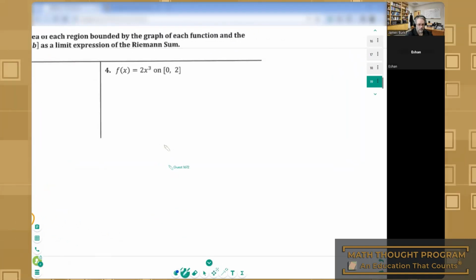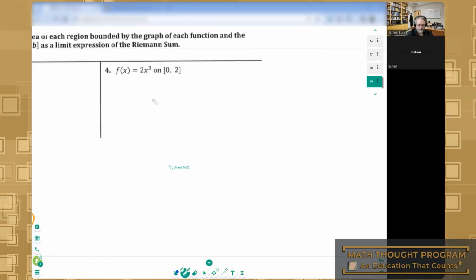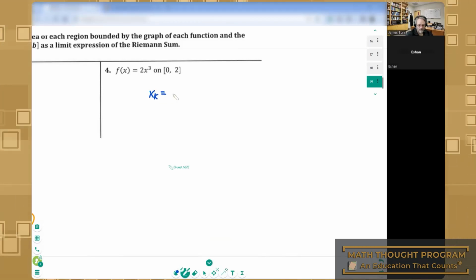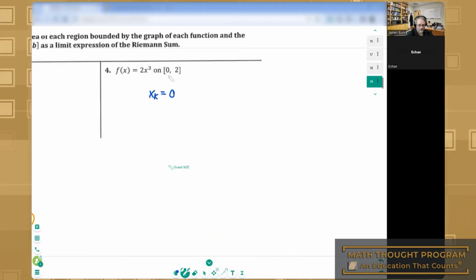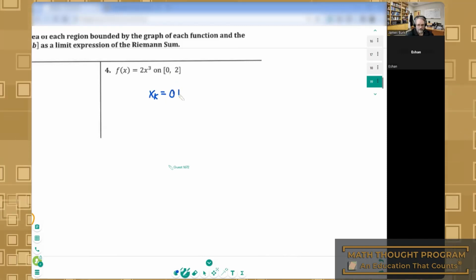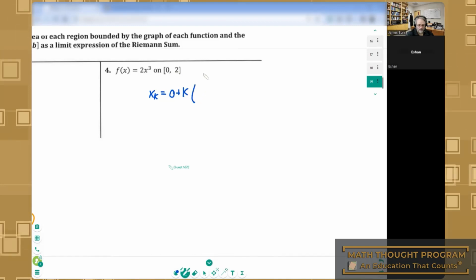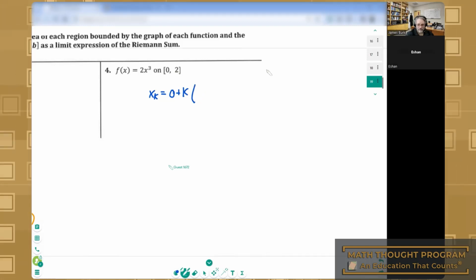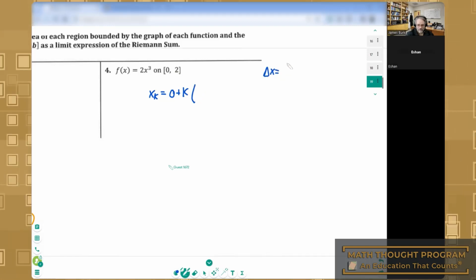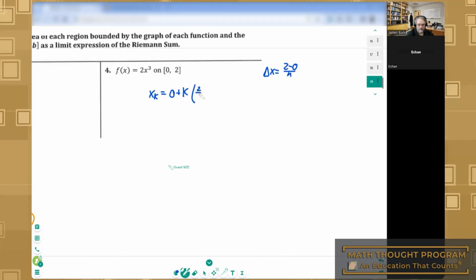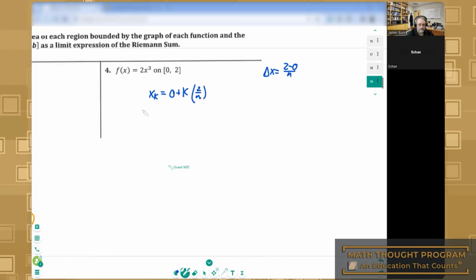Okay, so we'll go ahead and skip the sketching part here, but calculate your x sub k. It's going to be 0, that's the a value. You're going to have k, and then 2 minus 0. Remember, we have to figure out the delta x, b minus a over n. You're going to take that and plug it in.